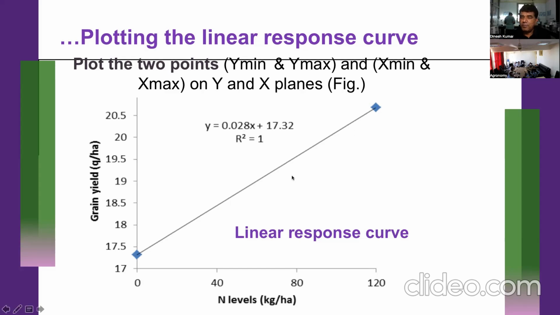That means 100% of the data has been represented by this line. There is no error. If r square is 100%, then there are no residuals. There are no errors, so this could be the best fit line. Do you have any question?